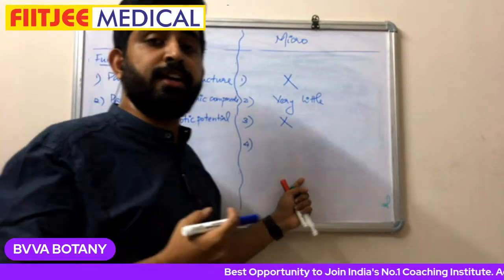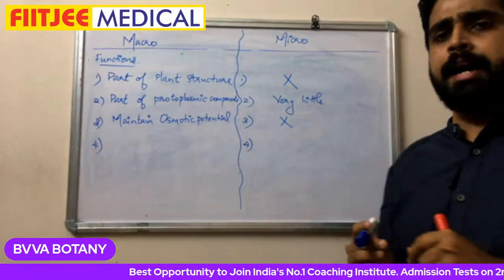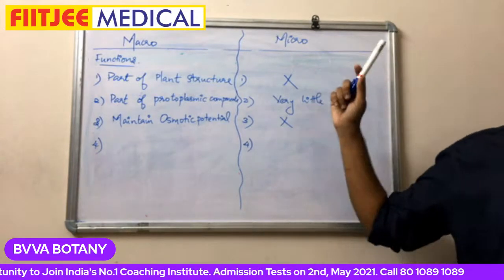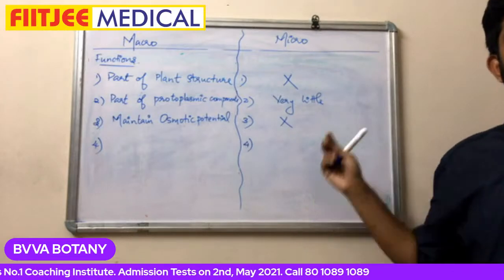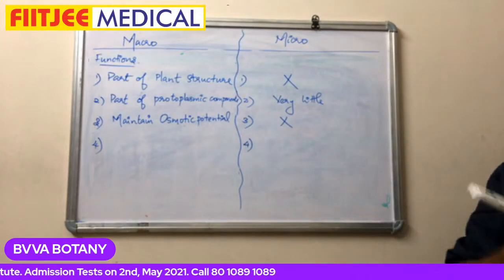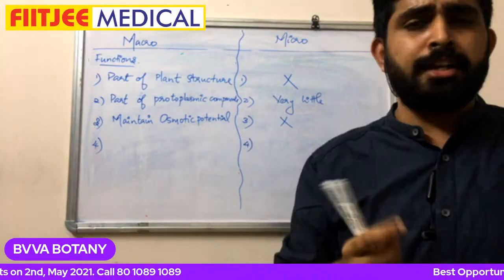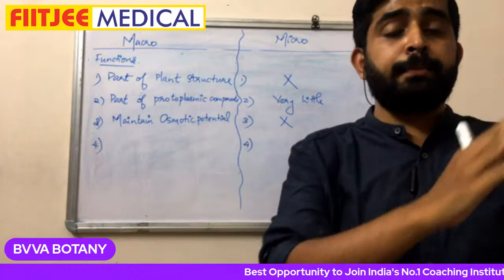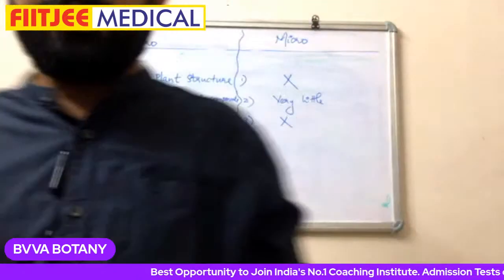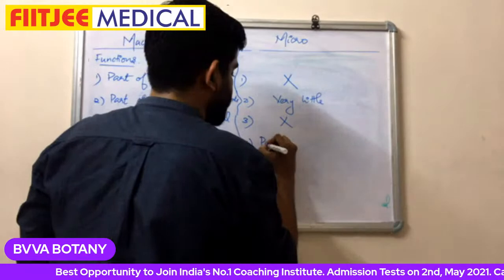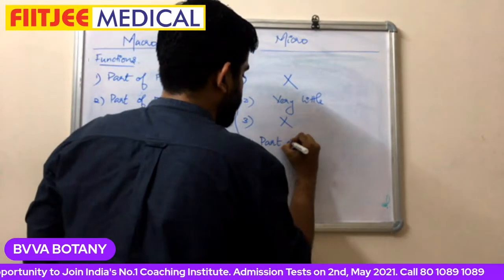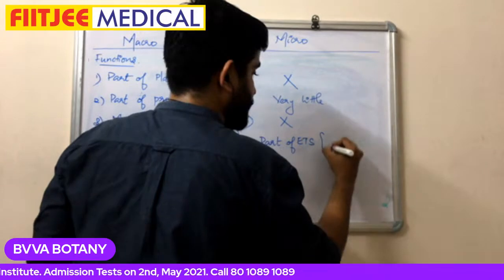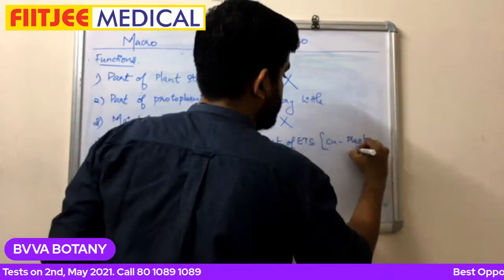For example, copper is a part of one of the components, plastocyanin. If you take iron, iron is a part of cytochrome. The cytochrome as well as the plastocyanin are all electron acceptors, or part of ETS. Example: copper in plastocyanin.